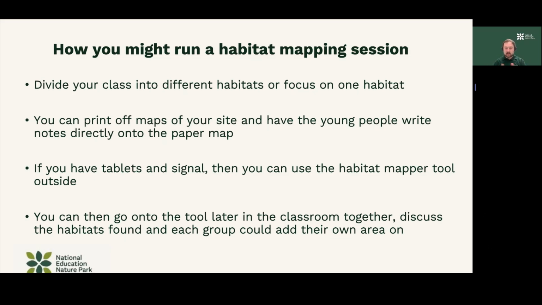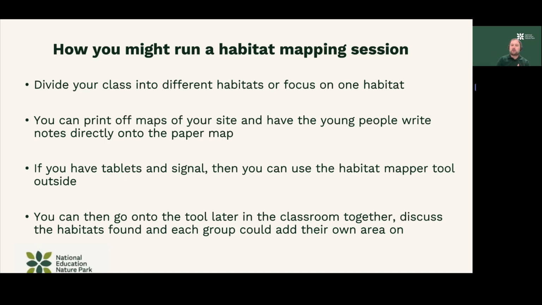Because we're looking, ideally, for a whole school approach when it comes to nature park, obviously easier said than done, you might divide your year groups into different habitats, or you might get different years to look at the same habitat and see what they're getting. Let's say we're in a secondary school: what are your year sevens seeing versus your sixth formers?